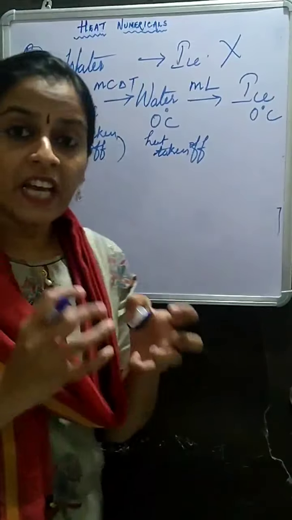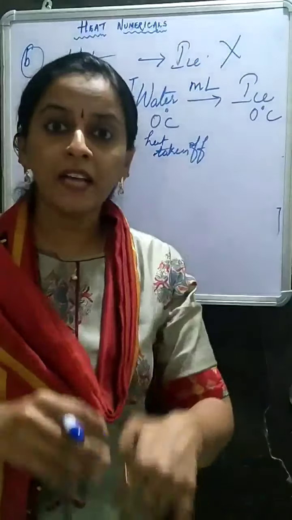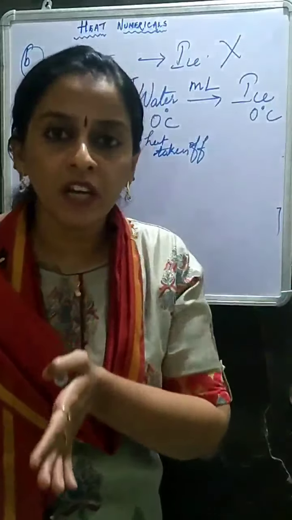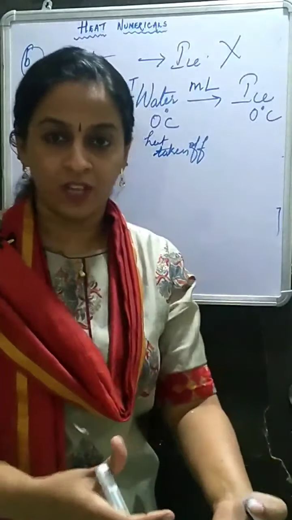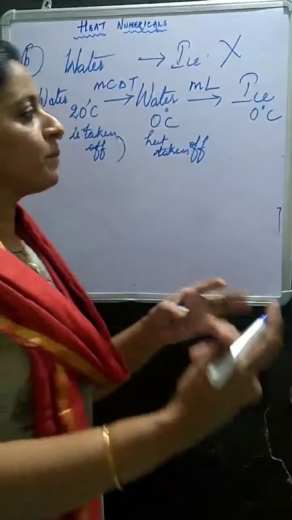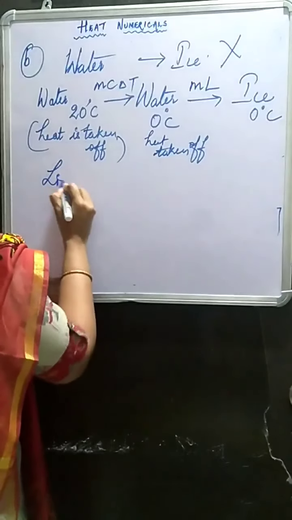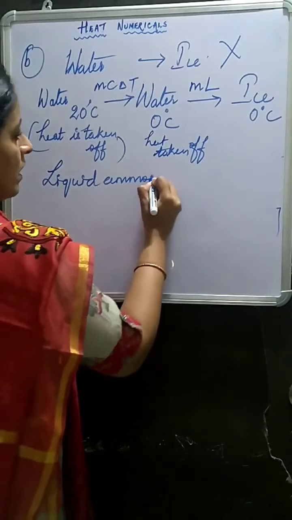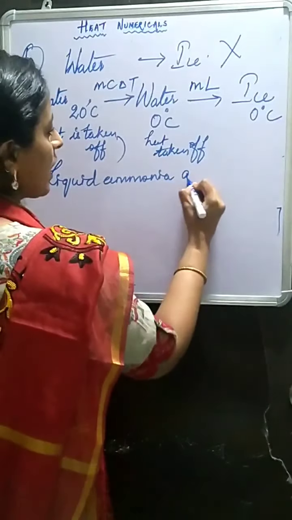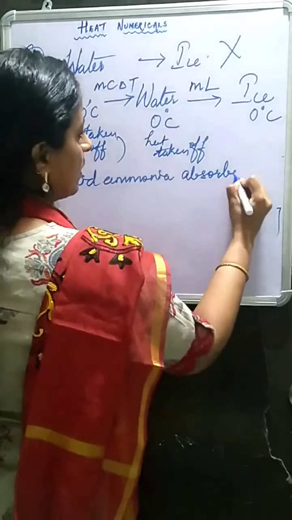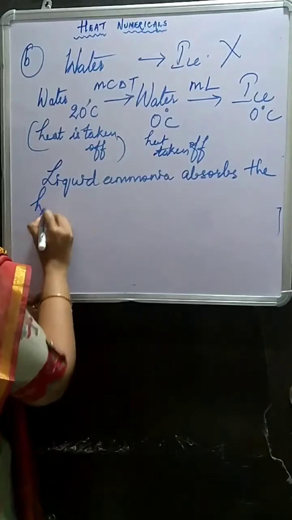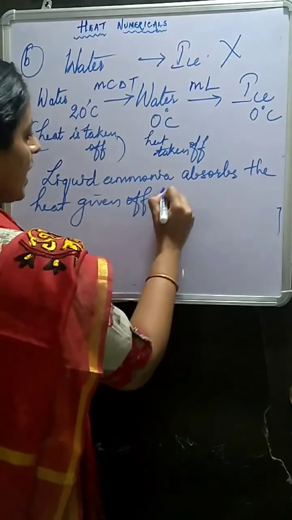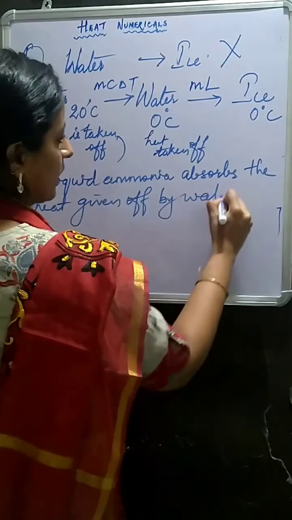Now the heat which is given out by the water when it converts into ice is absorbed by the poor liquid ammonia. Write all this: liquid ammonia absorbs the heat given off by water.